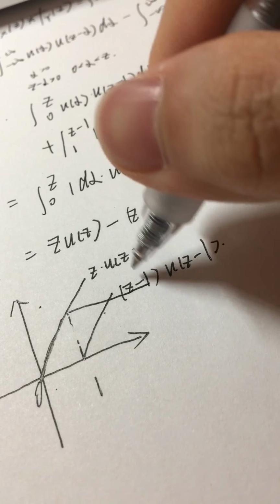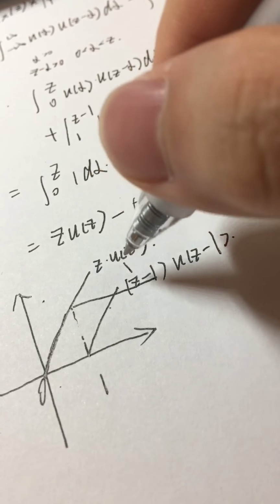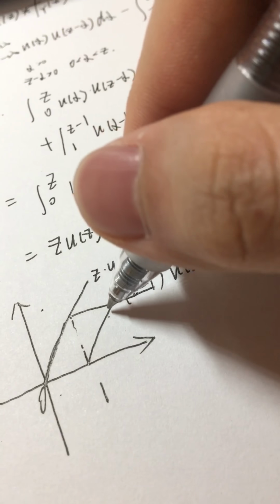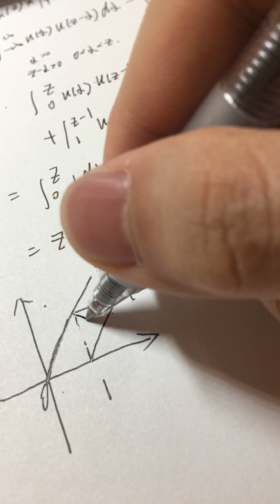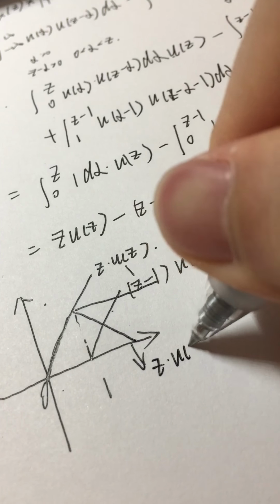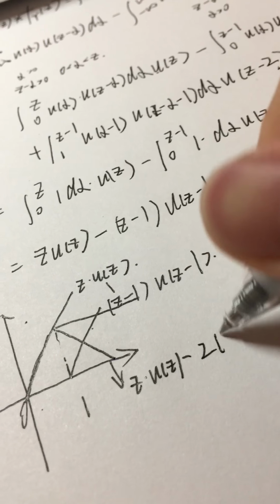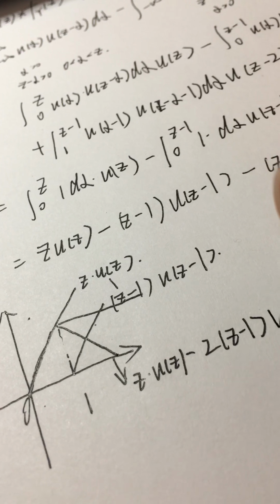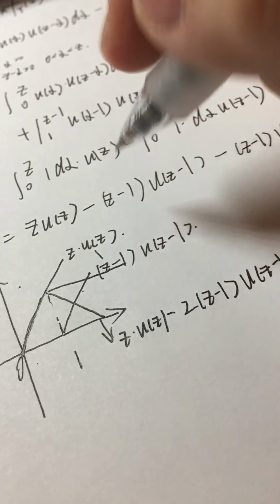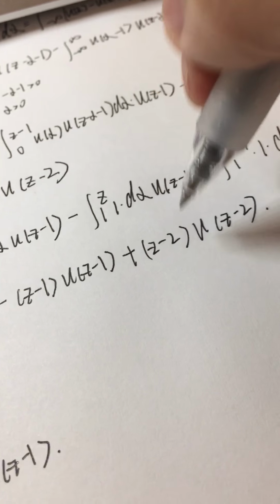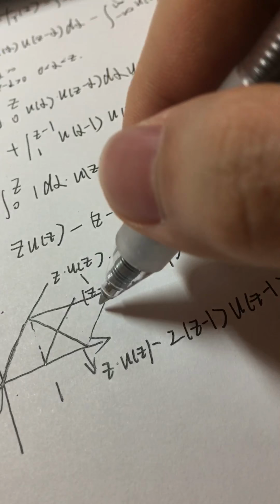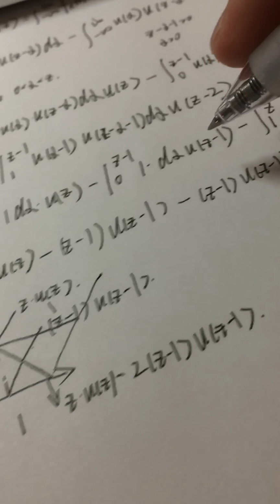And this is this part minus this part. And finally, when we minus this part again, this becomes z u(z) minus 2 multiply (z minus 1) multiply u(z minus 1), and finally this part (z minus 2) multiply u(z minus 2) is this part, so it doesn't affect this part.